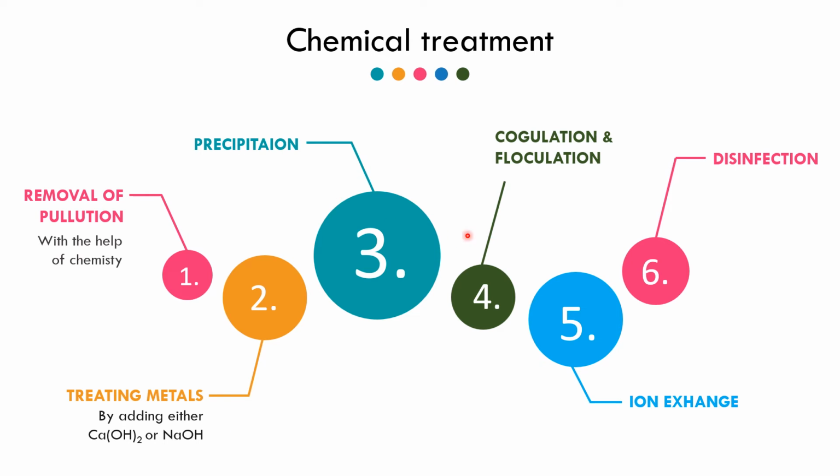Chemical wastewater treatment standard processes typically include precipitation, coagulation and flocculation, ion exchange, and disinfection. Coagulation, flocculation, ion exchange and disinfection are already discussed in this presentation.